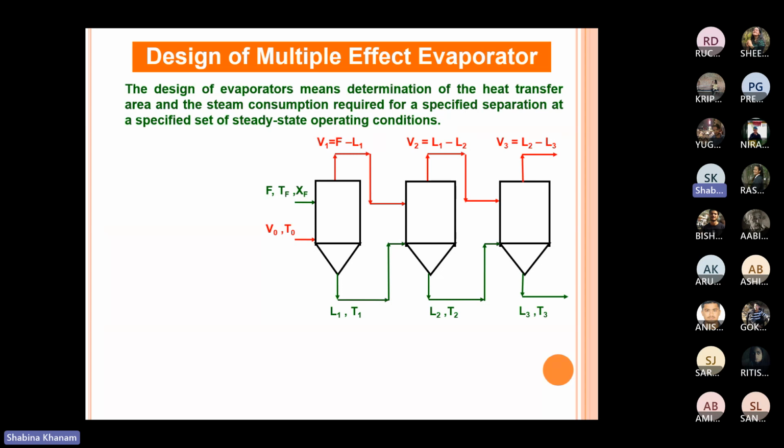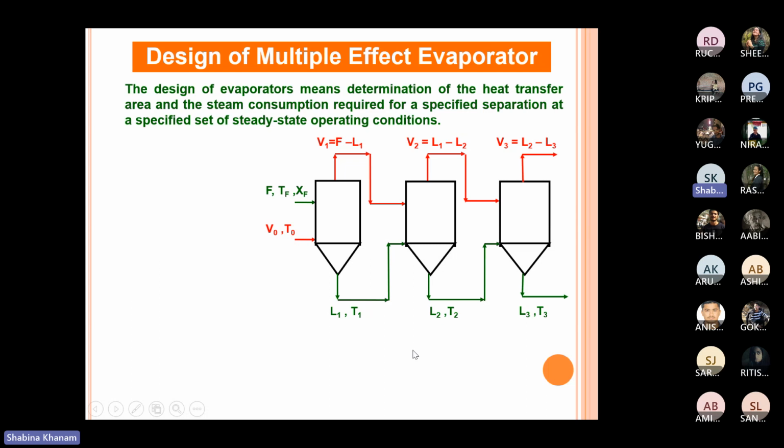So in this way you can understand the multiple effect evaporator and its functioning. I hope you are getting that T3 or P3 is the known quantity or the specified parameter. V naught and T naught are also known parameters, along with the feed condition.